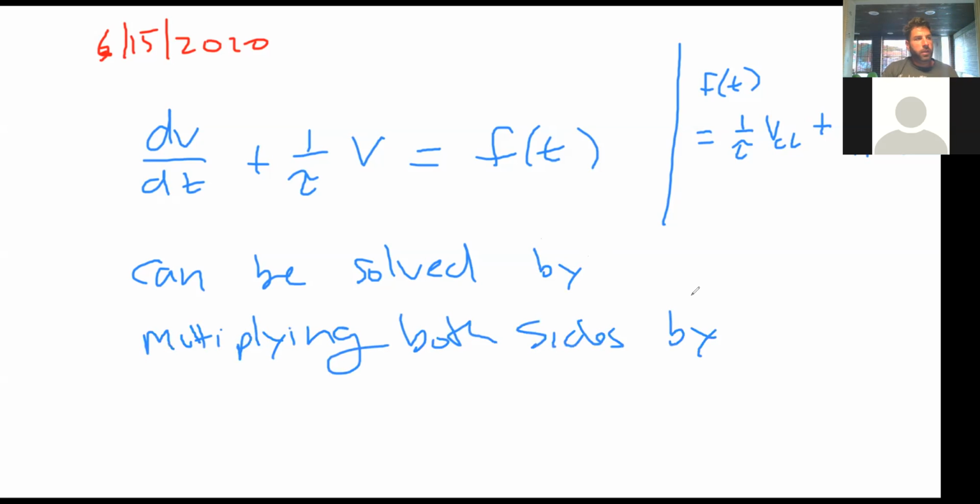For the integrating factor, you integrate e to the 1 over tau dt. And what does this become? This is just e to the 1 over tau t.